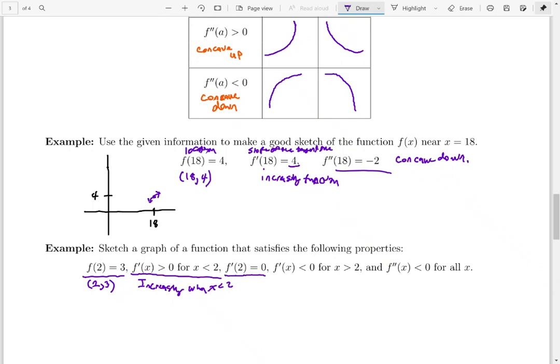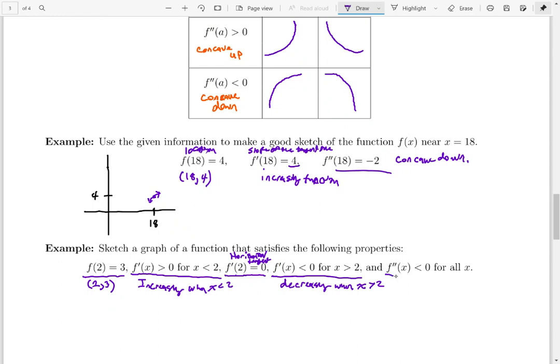Here we get that f prime of 2 is equal to 0, which means that we have a tangent line slope of 0, which really means we're going to have a flat spot on our graph there, right? So this is a horizontal tangent line. Then I've got f prime of x being negative anytime x is greater than 2, so that's going to be decreasing when x is greater than 2.